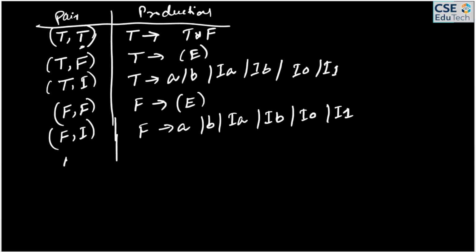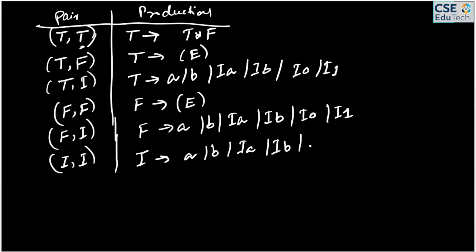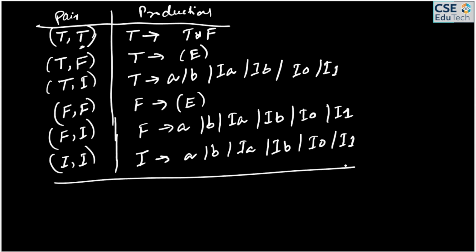And finally I comma I is also a unit pair. So obviously from I the non-unit productions are A, B, IA, IB, I0, I1. Right? Now we have obtained all the productions which are non-unit.